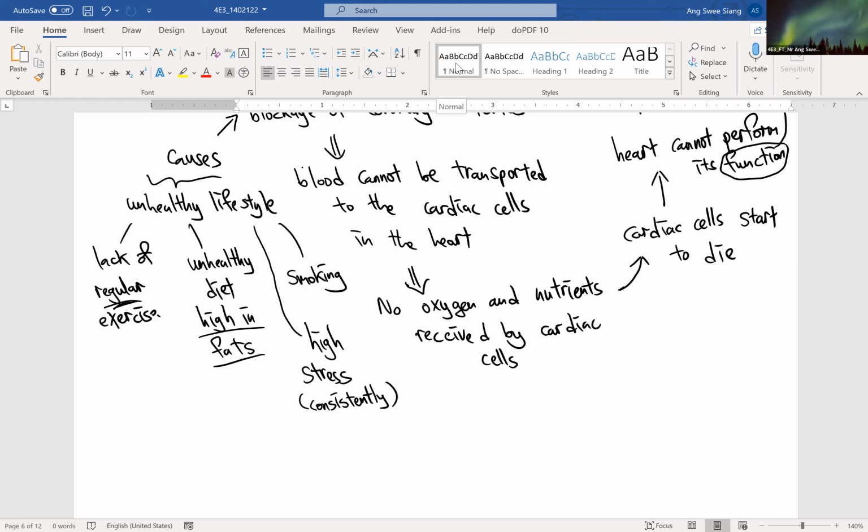So if a person has a heart attack, do you need to do CPR on the person? You haven't answered my question. A person has a heart attack while waiting for the ambulance to be here. Do you do CPR or not?